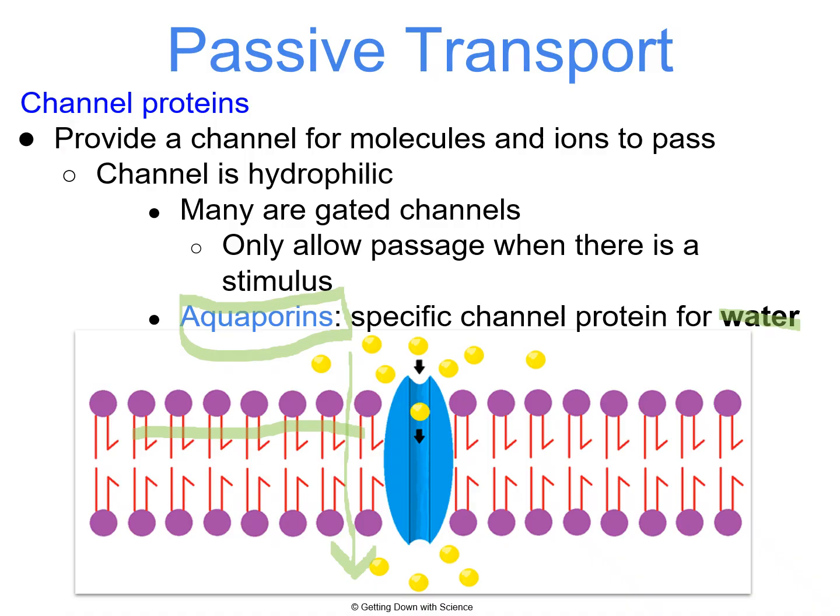Well, here are protein channels, and these are gated channels called aquaporins that allow for water to cross without water having to interact with the hydrophobic tails, and also the hydrophobic tails do not have to interact with water as a result of these protein channels. So the key thing from this slide is aquaporins, the specific channel proteins.